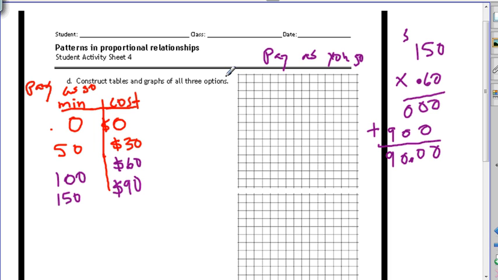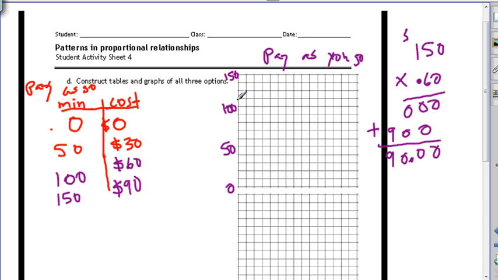So I put 0 right here, and I'm going to count off by 5s. So 1, 2, 3, 4, 5. I put a 50 right here, okay? And I'll count off by 5. 1, 2, 3, 4, 5. That gets me 100 right here. And 1, 2, 3, 4, 5. I get 150 right here.